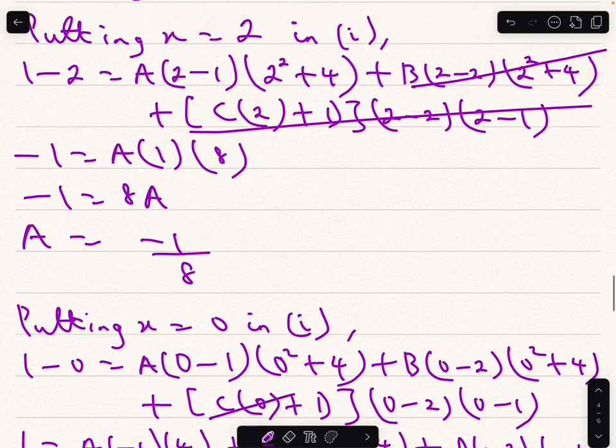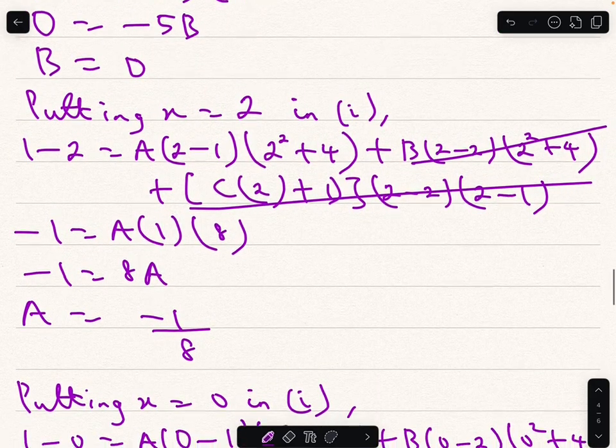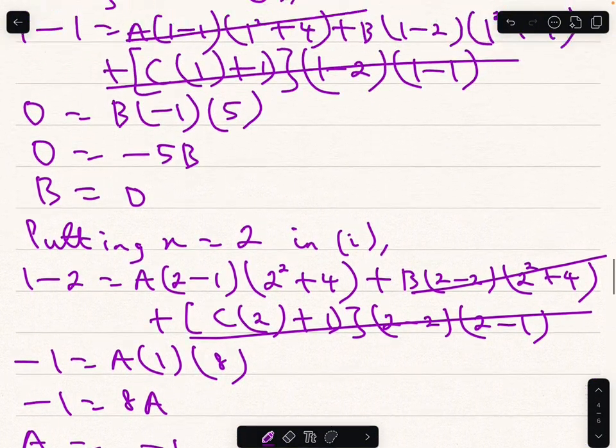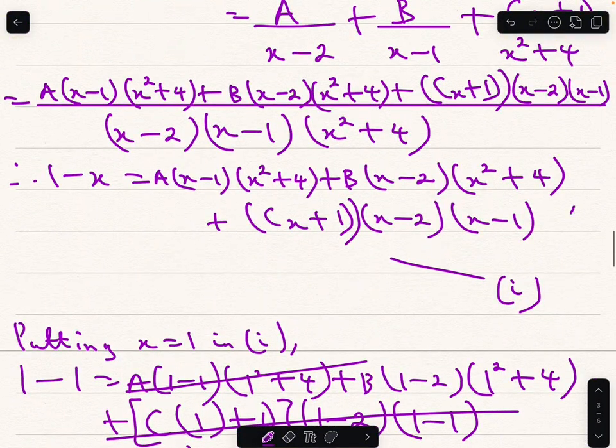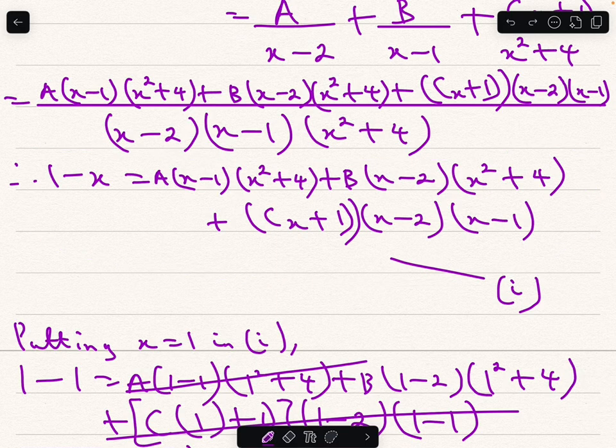Now the only constant we're left with is C. So how do we find C? Let's go back to the equation. This is the equation. How do we find C from this equation?